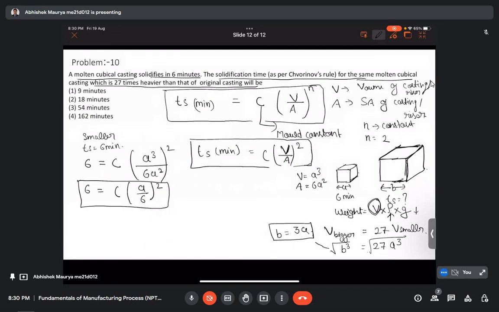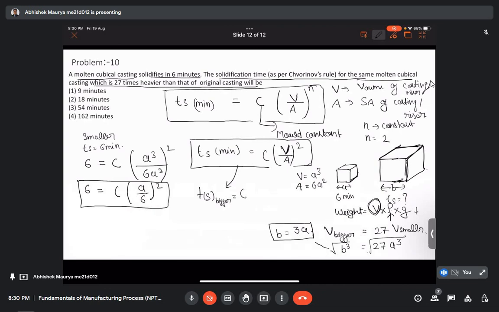So again we will use this equation. This time we don't know the solidification time, so for the bigger one we can write Ts for bigger equals C. C will be the same for both castings, because the material and the mold properties are the same.